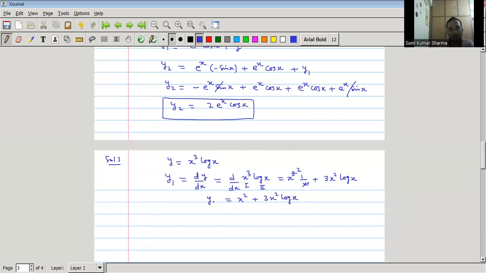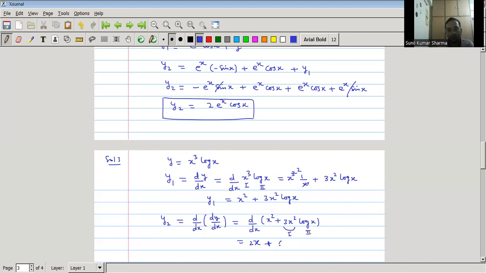So this is y1. Again differentiate both sides with respect to x. We get y2. y2 is dy by dx of y1, and that is d by dx of x square plus 3x square log x. So derivative of x square is 2x, plus again we use the product rule here. This is our first function, this is our second function.